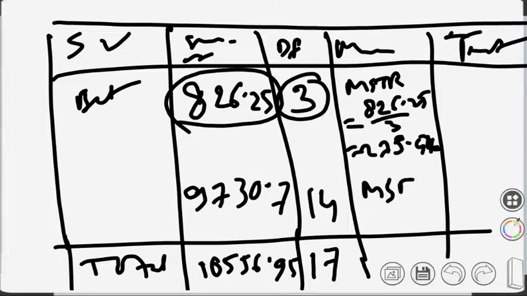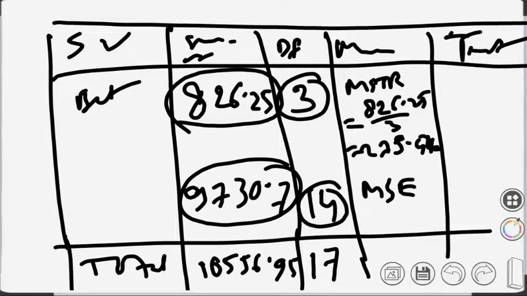What is the formula for MSE? SSE by N minus 4. So that is 9730.7 divided by 14. So করো, কত হয়? That is 695.05.